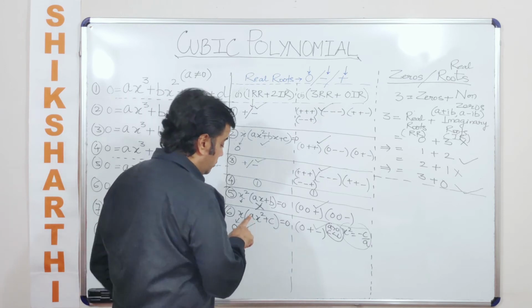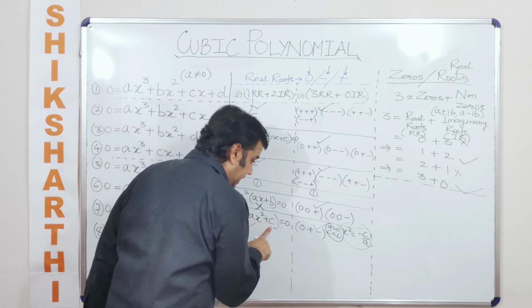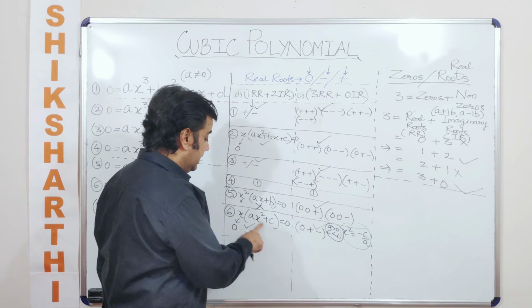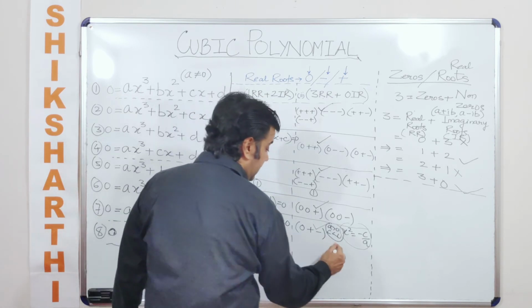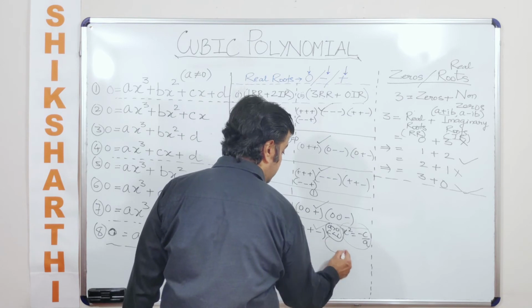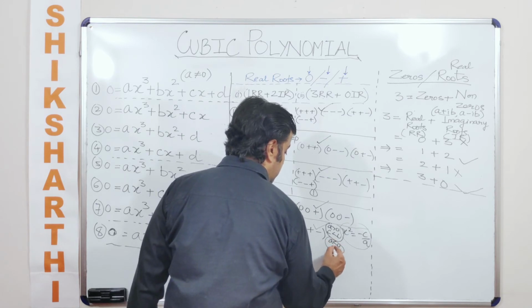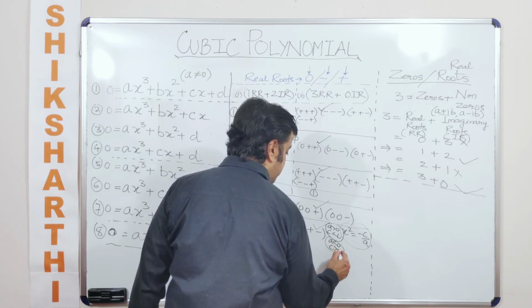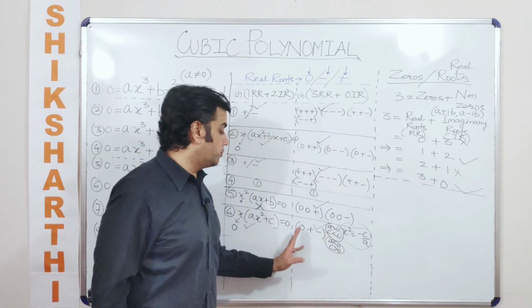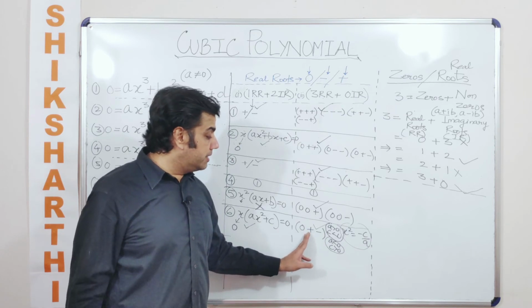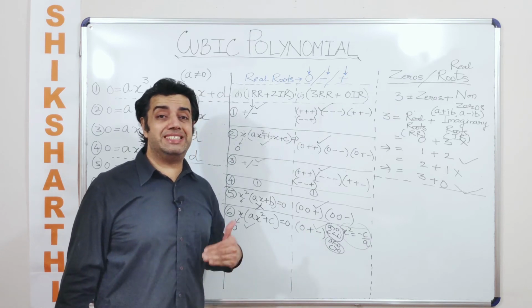I repeat, if a and c are not having opposite polarities, in that case you will have this case always. But if a and c are having opposite polarities, in that case you will always have three real roots, out of which one root is 0, and the remaining two roots will always be symmetric.